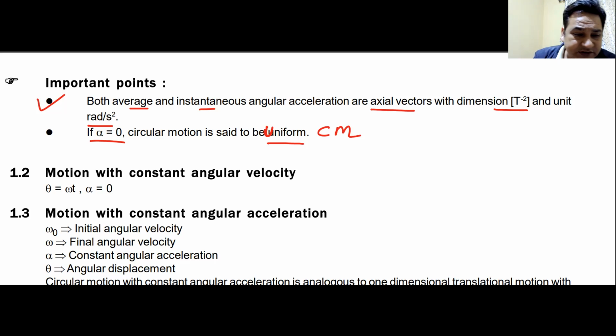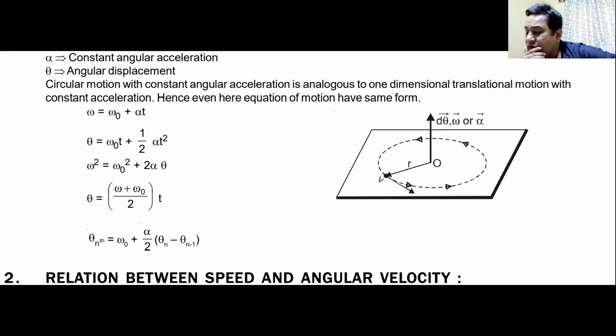What I would request you as homework for the next class, I'm sure that you have done it before. These are the equations of motion in uniform circular motion. Equation number 1, 2, 3, and 4.